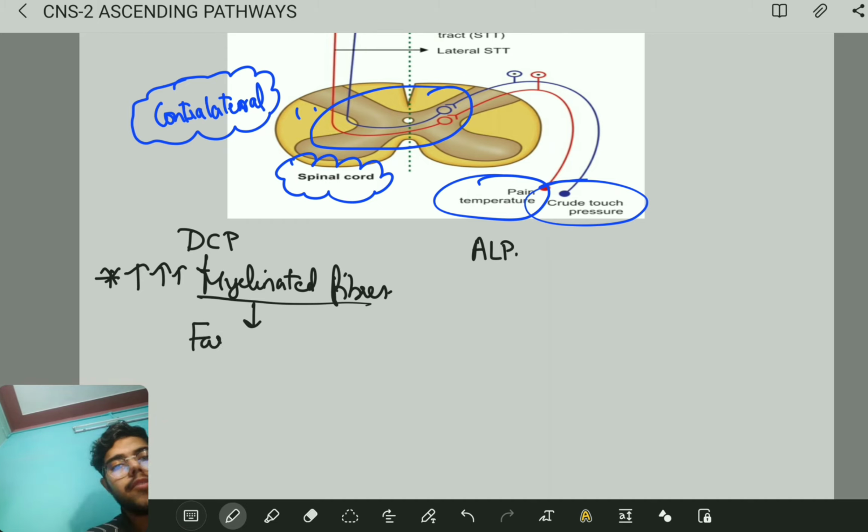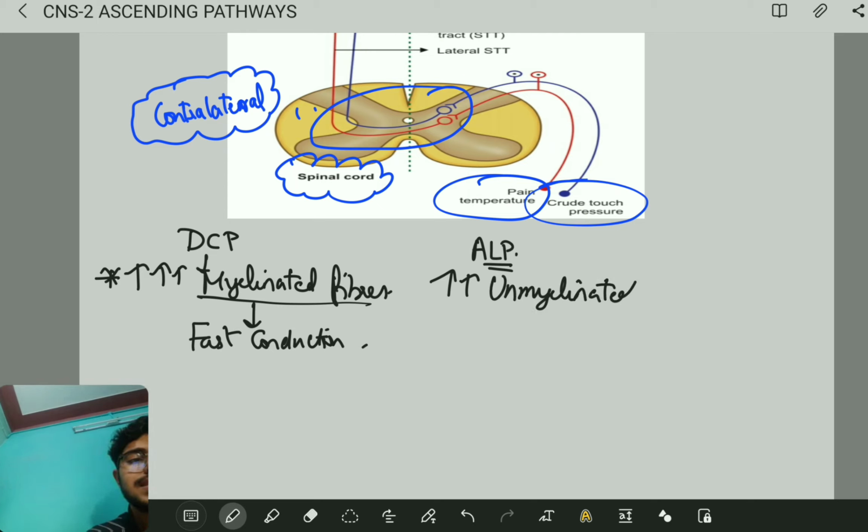There will be fast conduction. Anterolateral pathway, there is more amount of, what is the opposite of myelinated fibers? Unmyelinated fibers. So since there is more amount of unmyelinated fibers, how will be the conduction? Slow conduction. You got the answer.